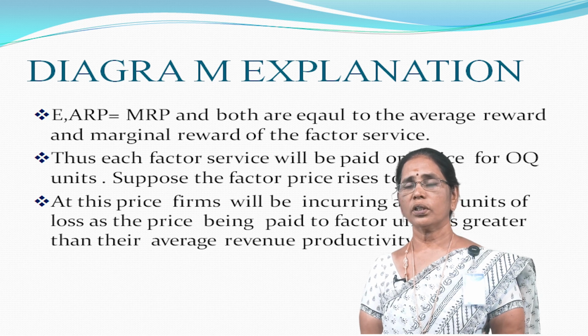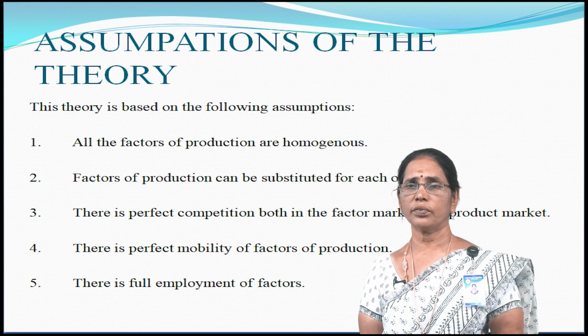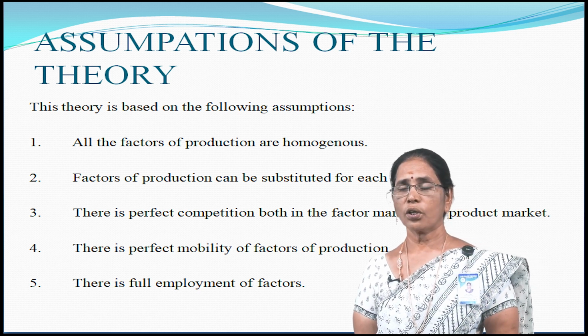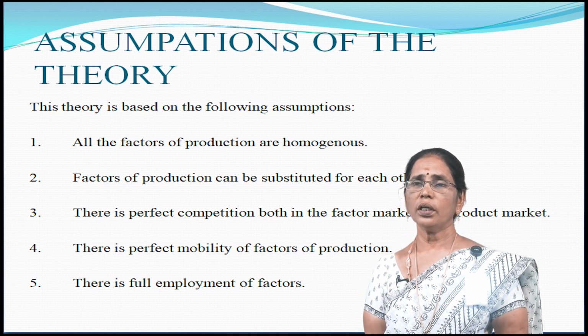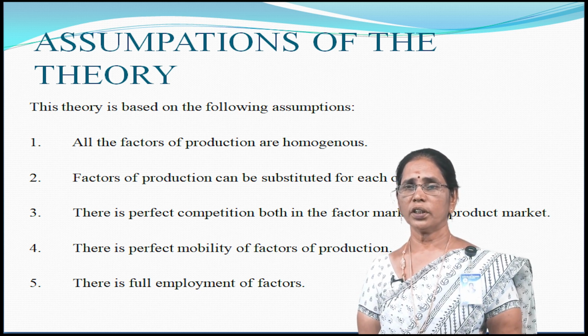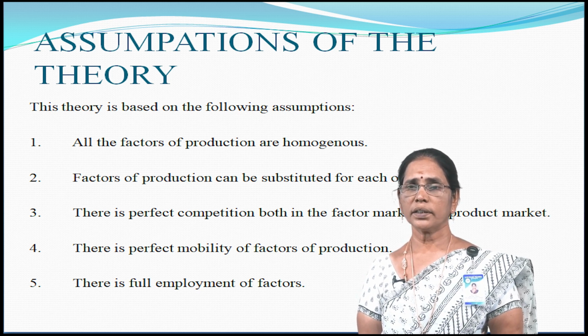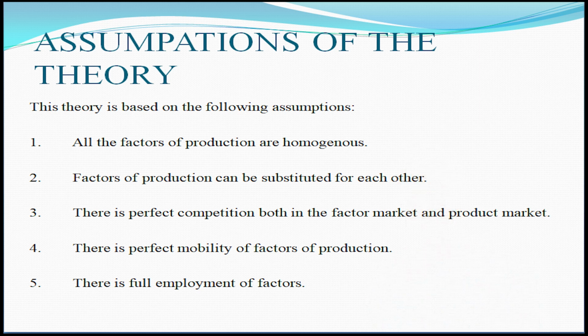Then the theory is based on some assumptions. Here we have to see some important assumptions of this theory. First, all the factors of production are homogeneous. This theory is based on the production of each and every firm having homogeneous characters. The next assumption is that factors of production can be substituted for each other.